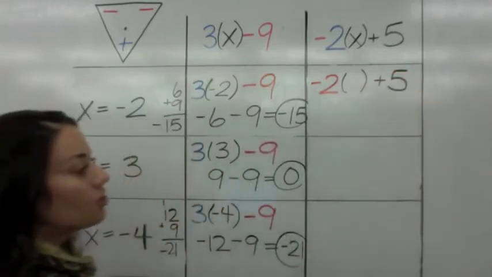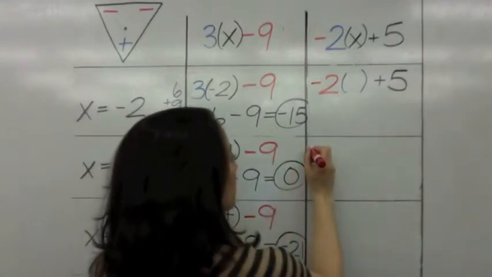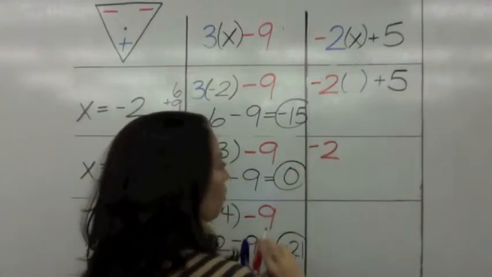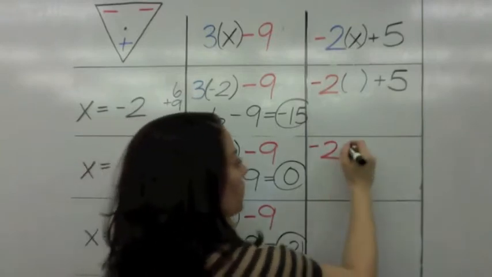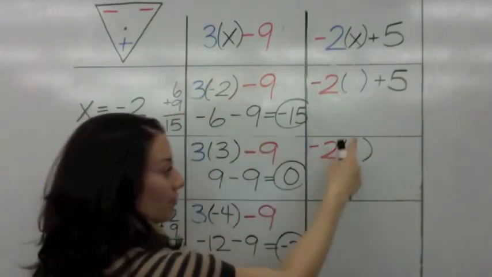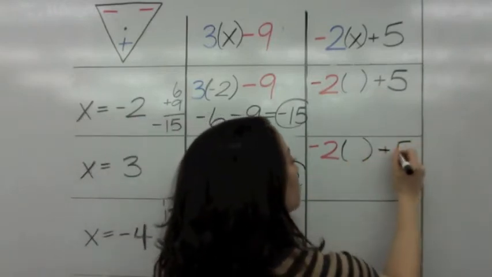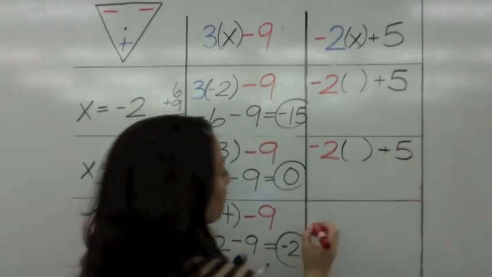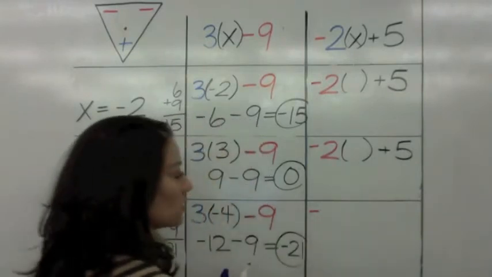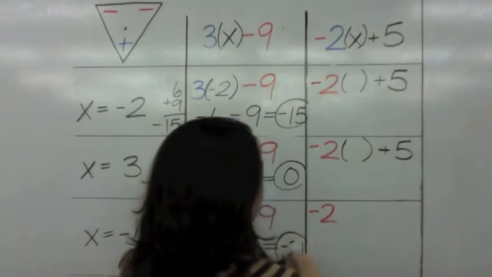So what you can do to make this a little quicker for yourself is they're all going to be the same expression. Where you have an x, you're going to plug in or substitute a number. You're going to put the number in place of that letter, and then you're going to add 5 to it.